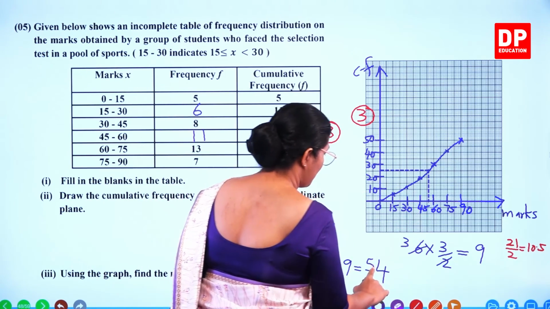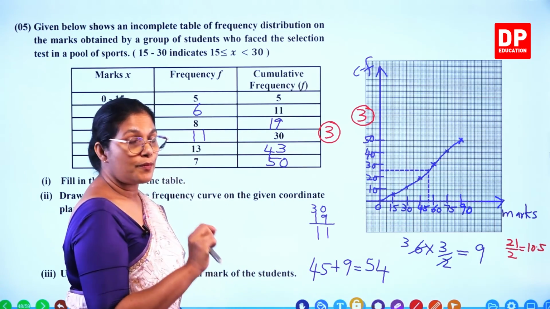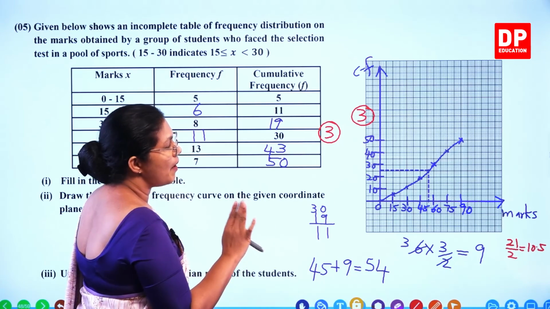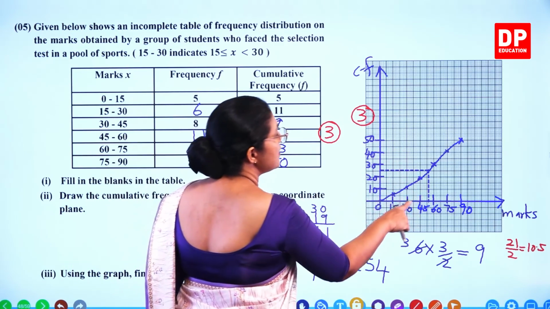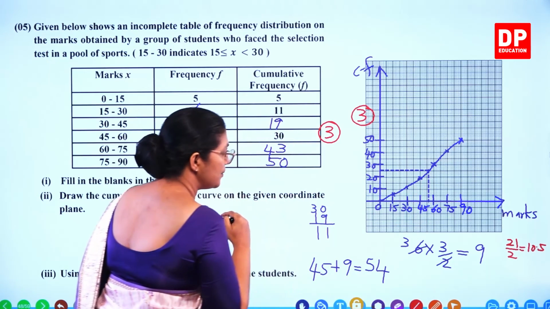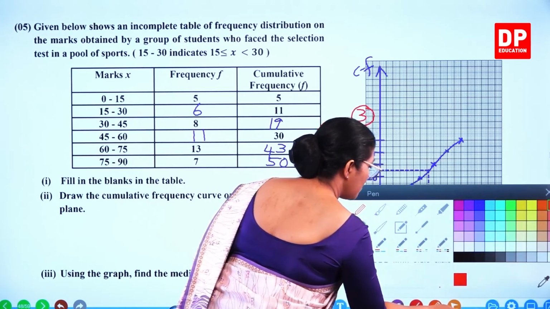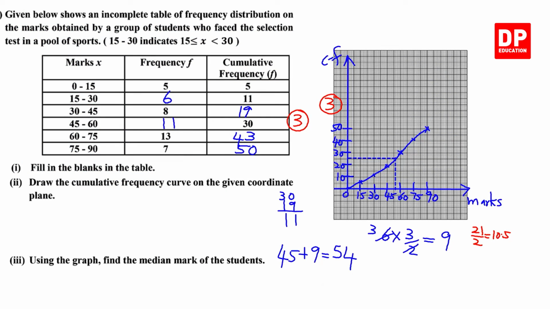So 54, whatever the answer you are getting, you write as it is. You get marks because in this one, it's not clear enough to get the exact value. So that's 2 marks for this part as well, finding the median mark.